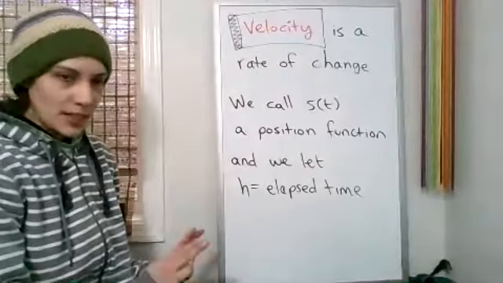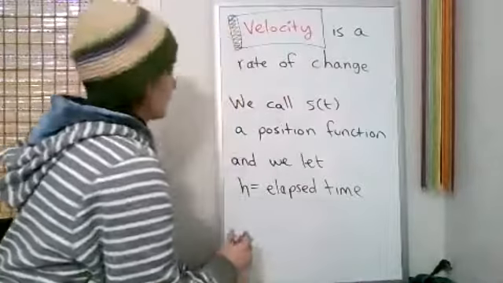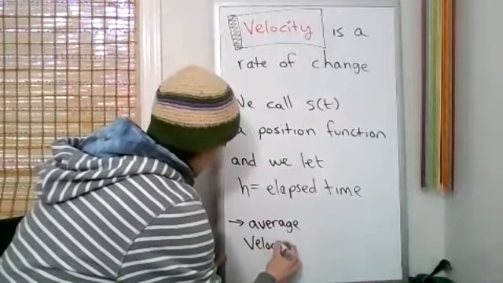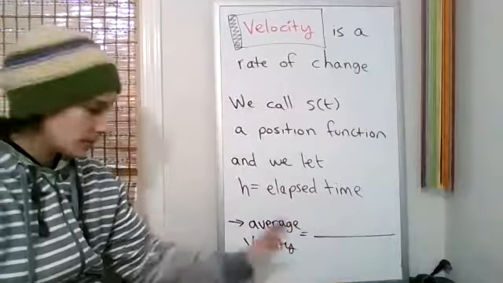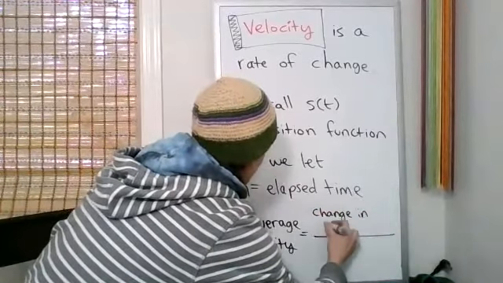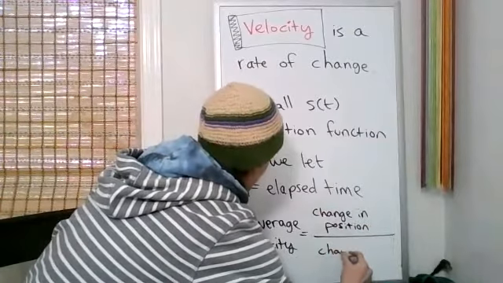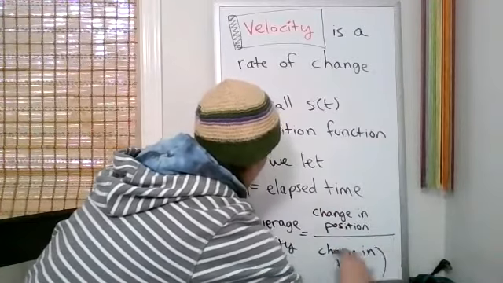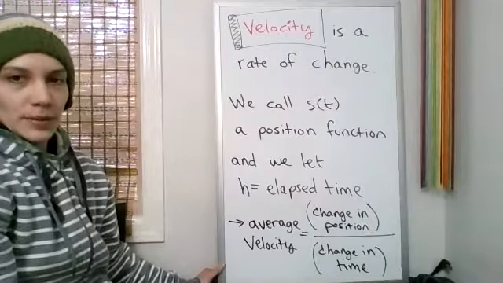S of t is our position function. H is elapsed time. Then average velocity is going to be change in position over change in time. Cool.